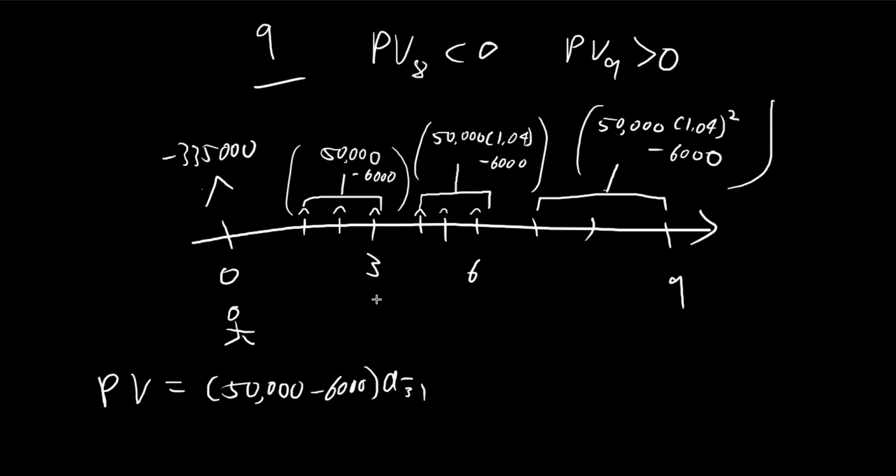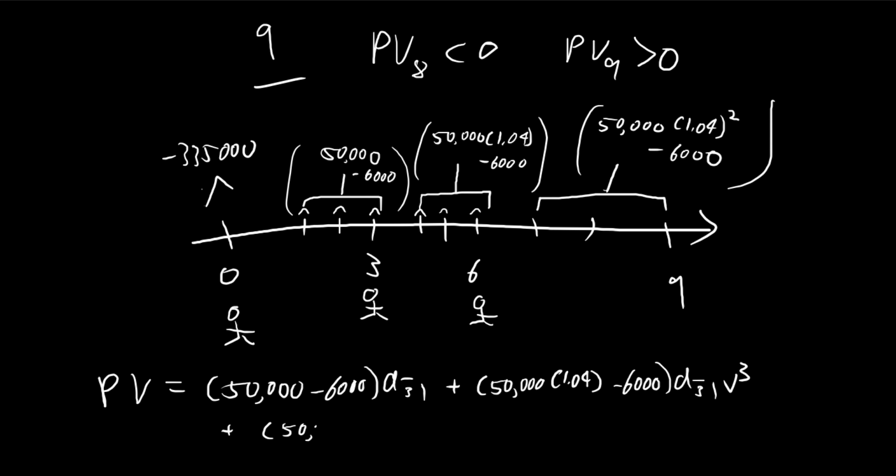And then for these payments, we're going to bring it back to time 3 first. So we're going to stand here, and then we get something similar. We have 50,000 times 1.04 minus 6,000 times A3. And then of course we want to bring it back to time 0. We're standing at time 3 now, so we multiply by v to the power of 3. And then we do the exact same thing here. Now we're standing at time 6, looking at the payments at time 7, 8, and 9.